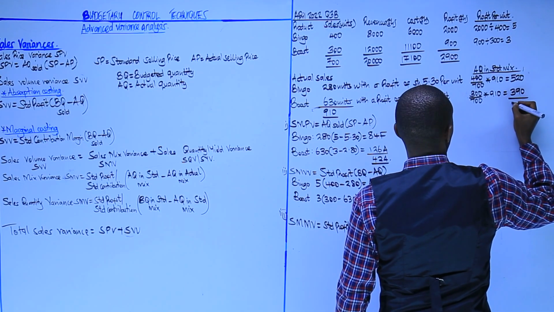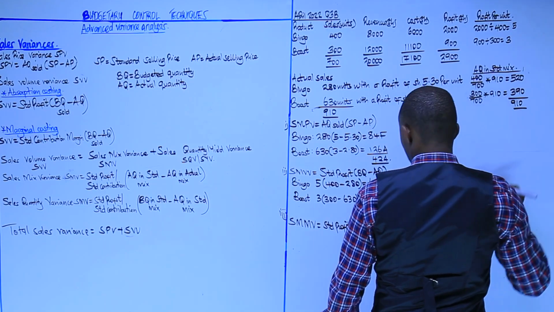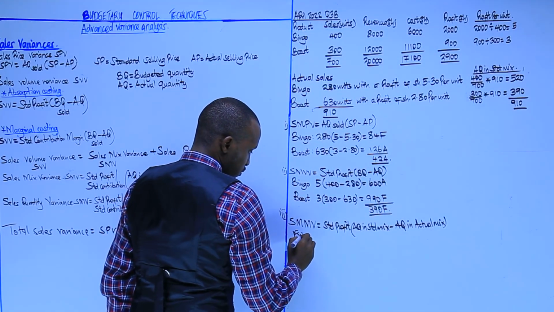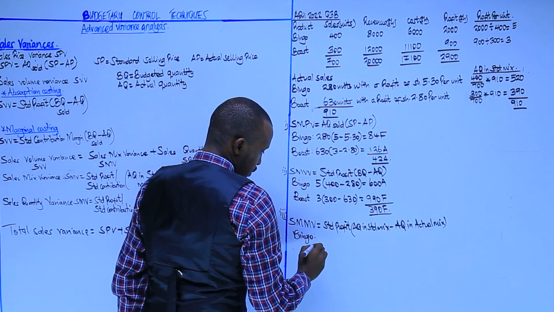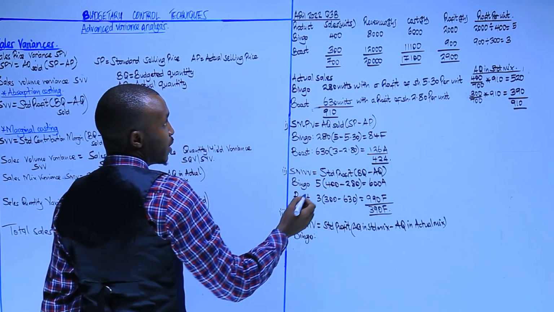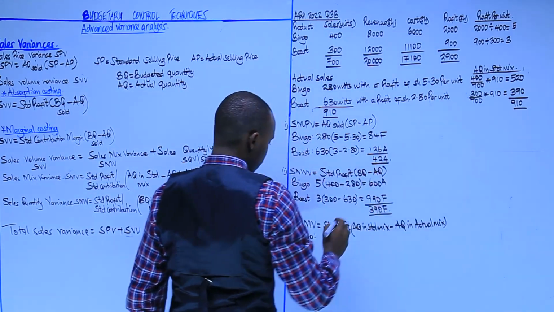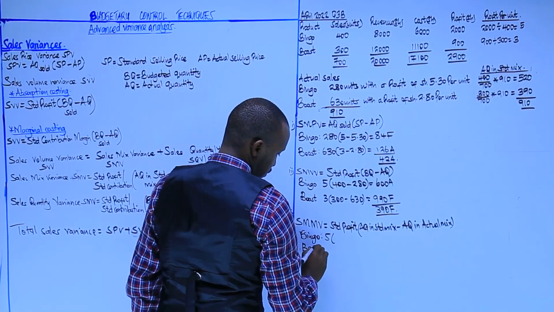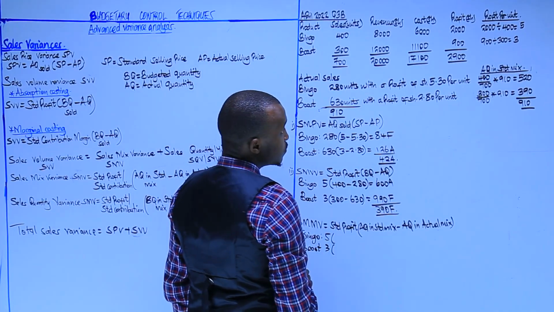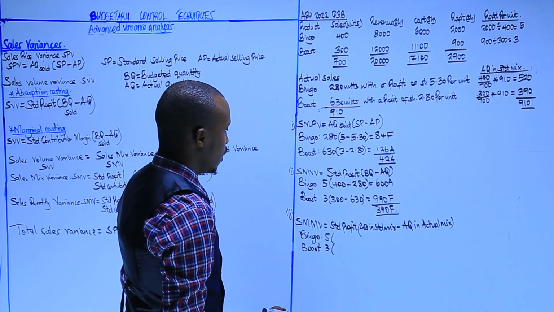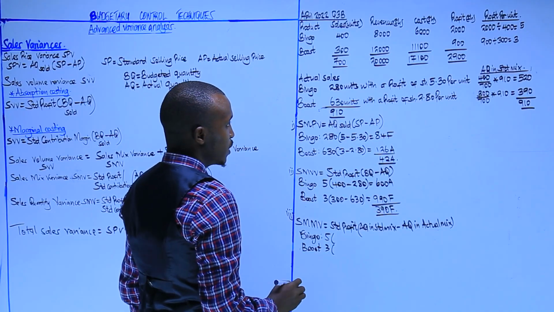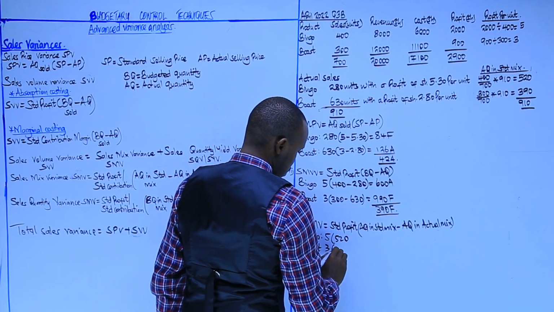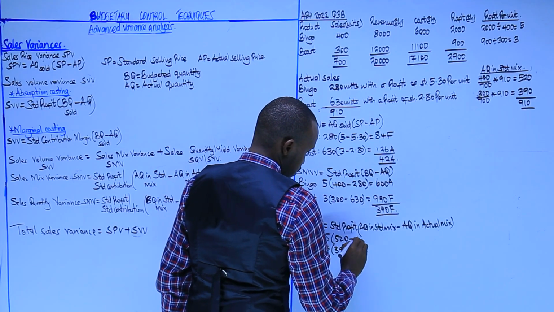So that you'll have sold 910. So bingo, your standard profit per unit was 5 and 3 for boost. Your actual quantity in standard mix is 520 and 390.